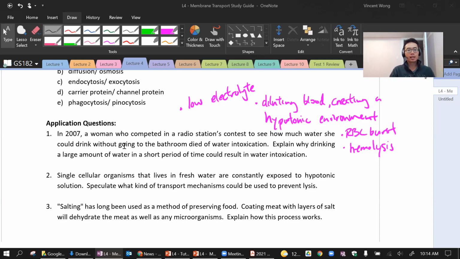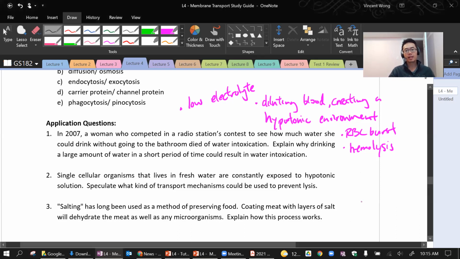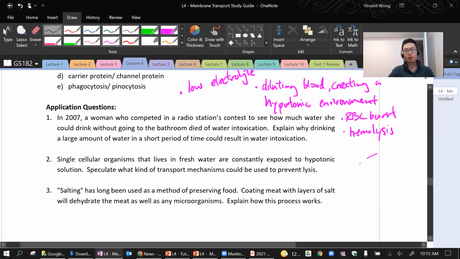Next one: single cellular organisms that live in fresh water are constantly exposed to hypotonic solutions. Speculate what kind of transport mechanism could be used to prevent lysis. Last time we talked about this, the paramecium. I don't know if you remember. It's a protist that lives in pond water. And pond water is hypotonic, as opposed to seawater, which is hypertonic, right?